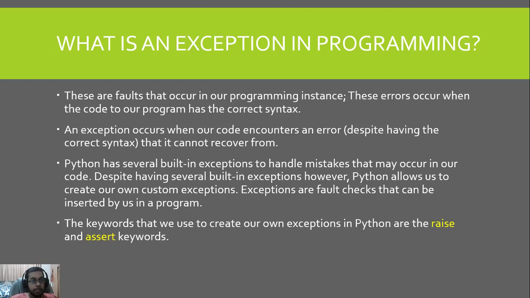Python has several built-in exceptions to handle mistakes that may occur in our code. Despite having several built-in exceptions, however, Python allows us to create our own custom exceptions. Exceptions are fault checks that can be inserted by us in a program. The keywords that we use to create our own exceptions in Python are the raise and assert keywords.